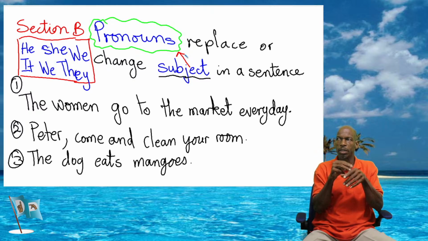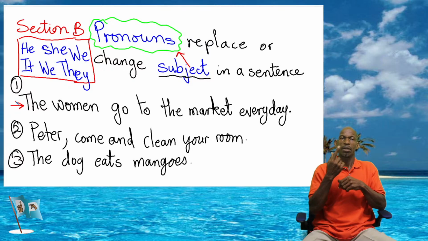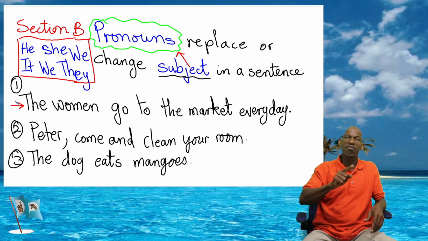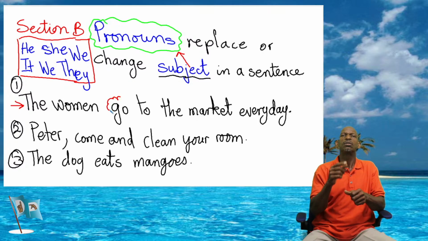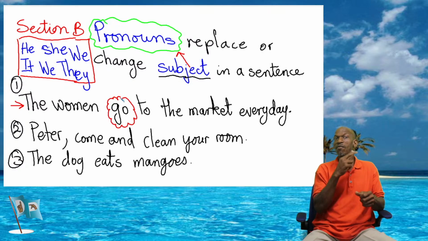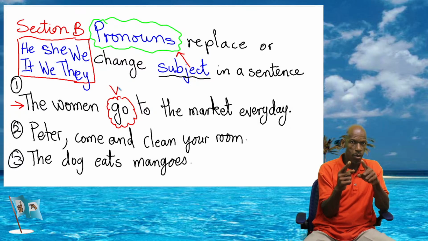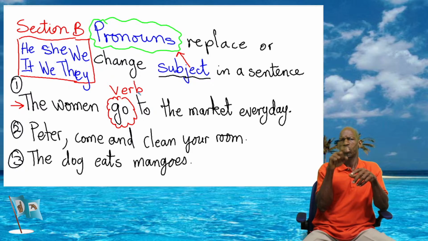This is a follow-up from our section A. First, you identify the verb, which is go. The verb is go. All right? Who go? And that will give you the subject.